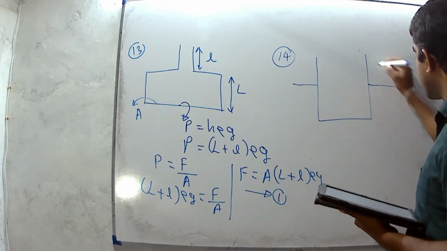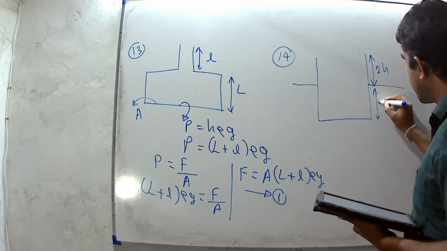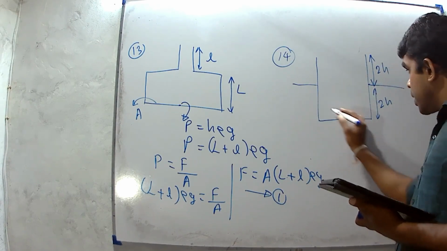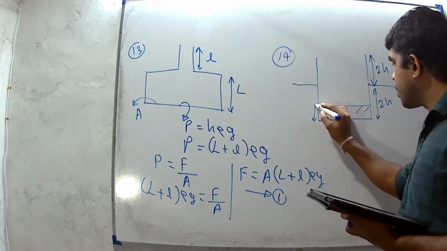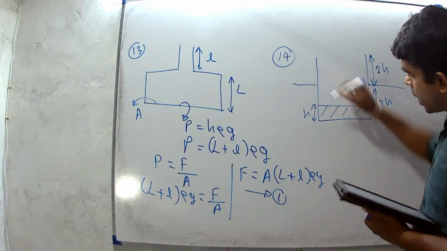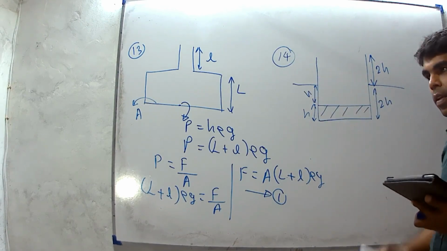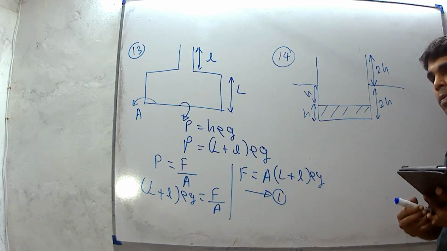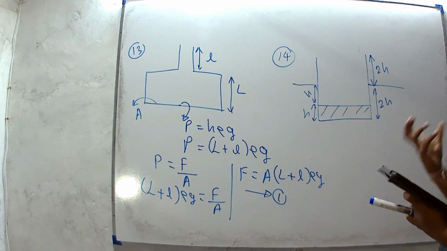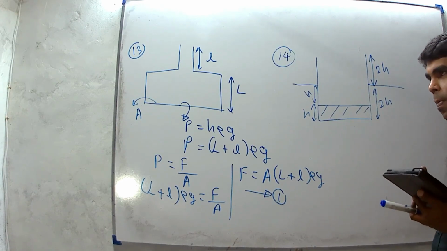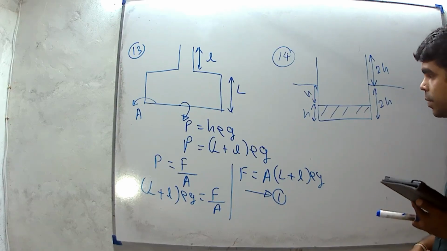Half of the vessel is immersed in water. The water level inside the vessel is H, and this height is also H. When considering the equilibrium, we have to consider the resultant immersed volume of the vessel.